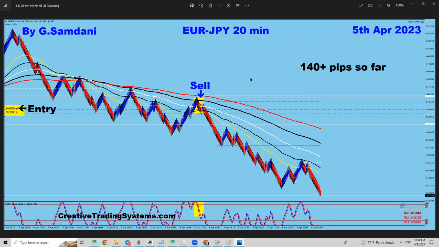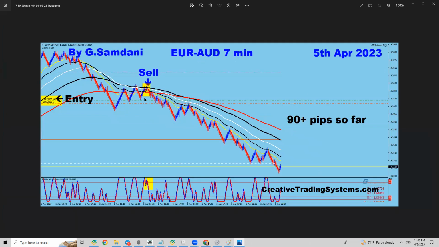But then on the 5th, this is the euro yen all the way down. I had this entry first, and then this is the second entry. This one was gone, the SL was hit at break even, and after that the second entry took me all the way down here for 140 pip. And here, Euro Aussie again going to the downside, but from the 7-minute chart, just like pound CAD, sell order here for 90 pip.